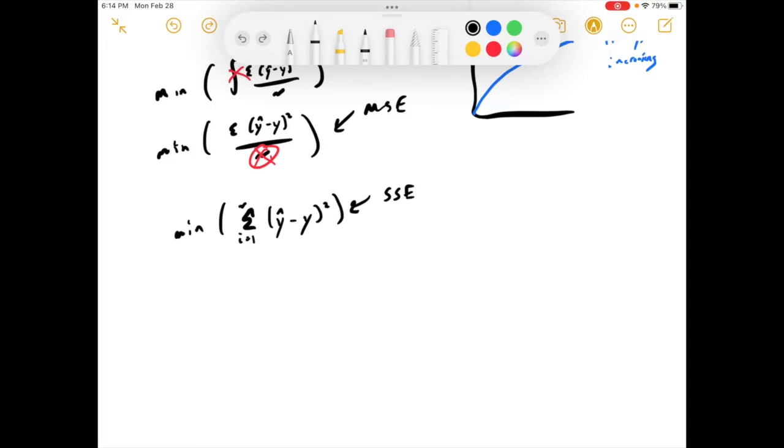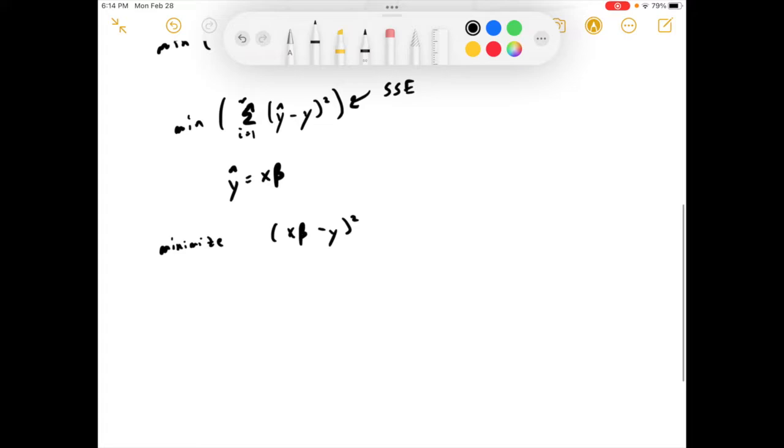All right, so let's deal with this in vector notation. We know that y hat is equal to x times beta. So in vector notation, we want to minimize x times beta minus y squared. Oh, sorry. In vector notation, you can't just do squared.